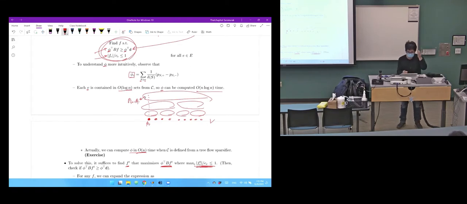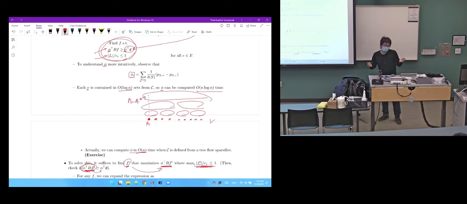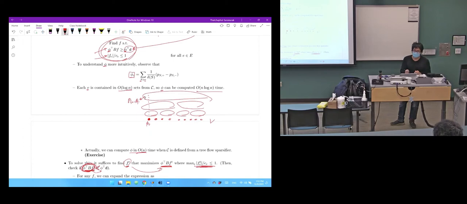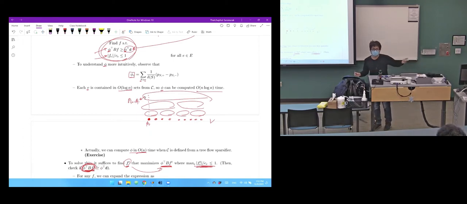Because if you find f_t that maximizes this, then you just check whether, after you maximize this term, it is still at least the right-hand side. If it is, then you're done in this round. Actually, this might not happen, right? It might be the case that this thing is strictly less than this, and then we cannot feed it into the multiplicative weight update framework.